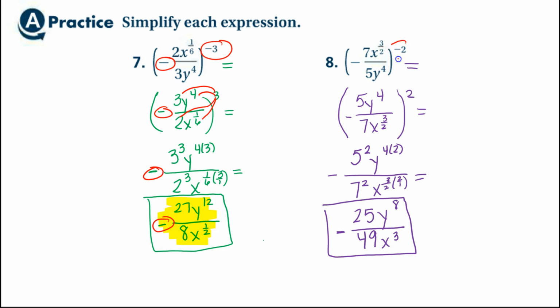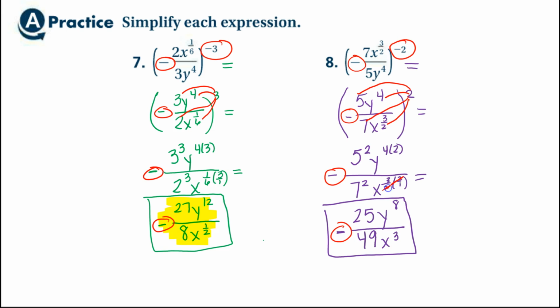Number 8, again, that negative 2, so we're going to invert this. The negative out in front just carries down through the problem. So I end up with 5y to the 4th over 7x to the 3/2. Distribute that 2 to both terms. So 5 squared, y to the 4 times 2 over 7 squared, x to the 3/2 times 2 over 1.